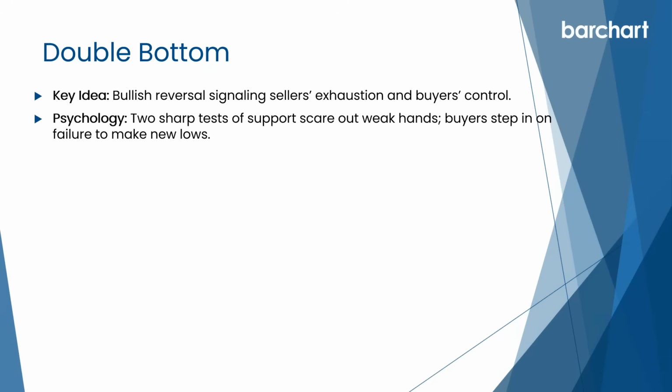Now, the characteristics of a double bottom: the troughs should be within about 5% of each other in terms of price. And ideally, the second trough should be higher than the first. From a peak to trough, probably want to see something greater than 10% from our first trough.